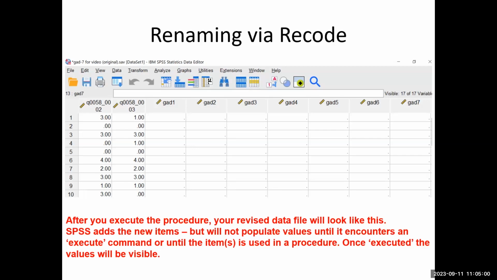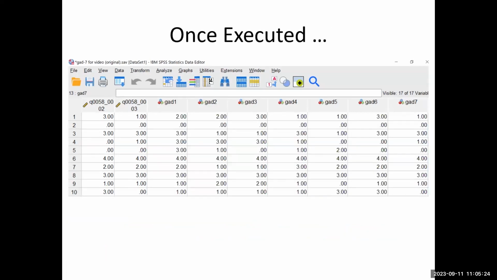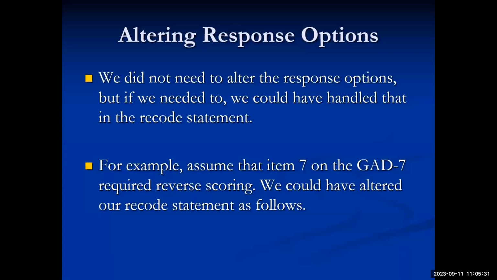Literally, we could type the word execute, period, highlight it, click the run button, and SPSS will populate the values in the data table for us. The other way is just by calling these items into a procedure like a frequency procedure or a descriptives procedure. Once we do that, SPSS will populate the values in the data table, and our data table will now look like this, where we see the values are present there.